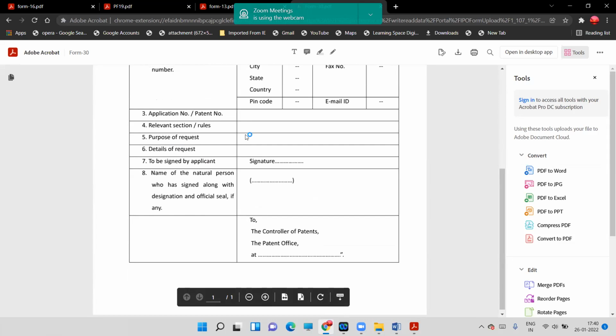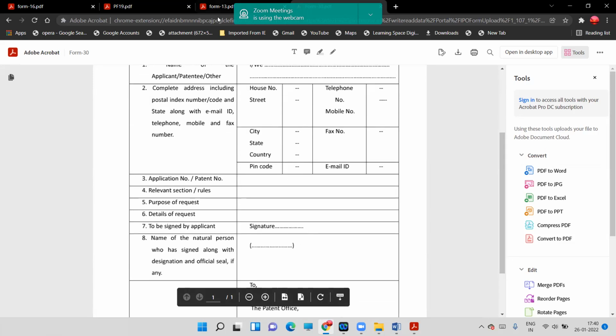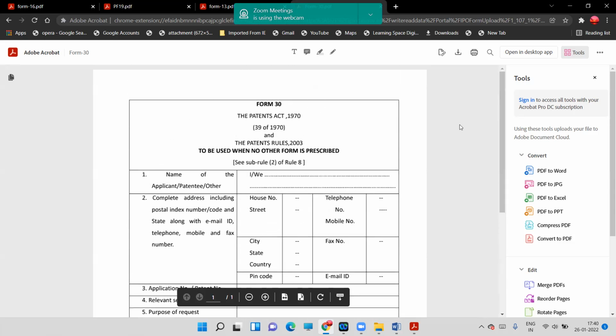Here you have to put the purpose of request and the details of the request. Have you written this Form 30? Yes, ma'am. So you understand when to use Form 30.